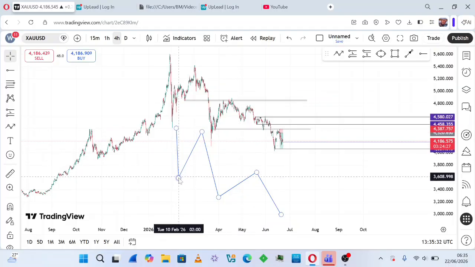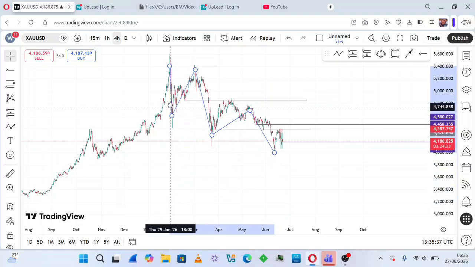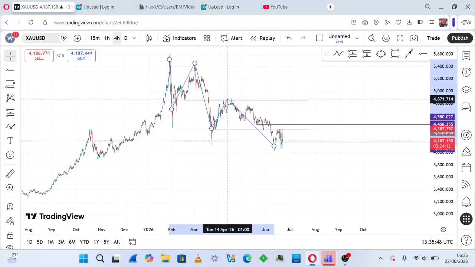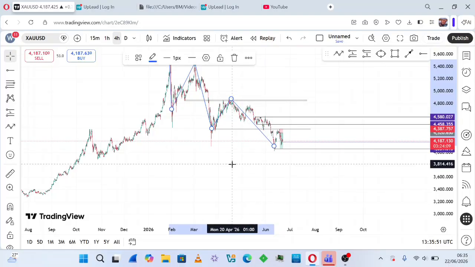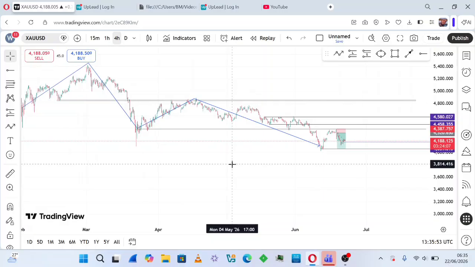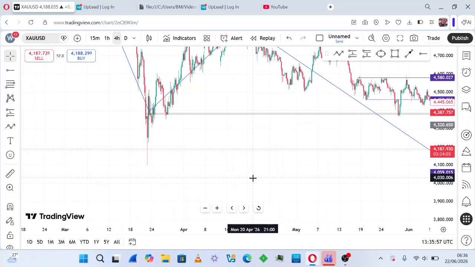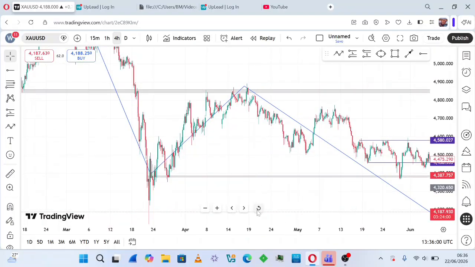But notice how the price changes when it comes to here. Notice how the smaller trend, let's do it this way. Notice how price starts making higher highs.